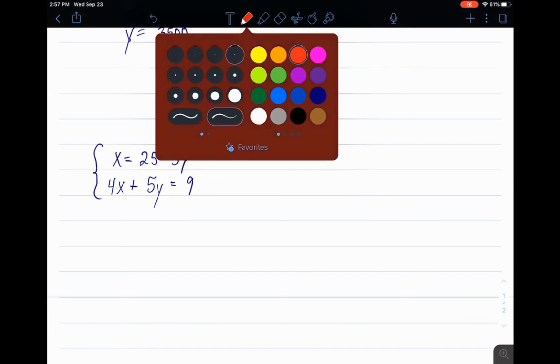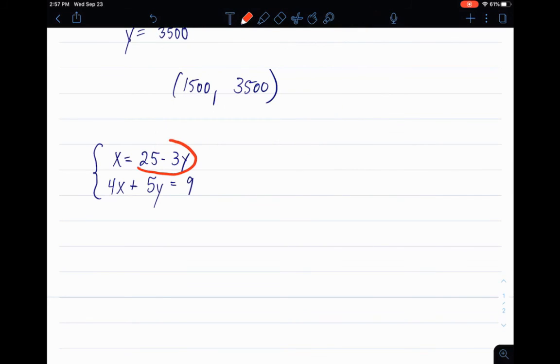And if you're struggling, I'm going to give you a hint. You're going to take this and just plug it in where X is. That's one way you can do it. It's probably the easiest way.